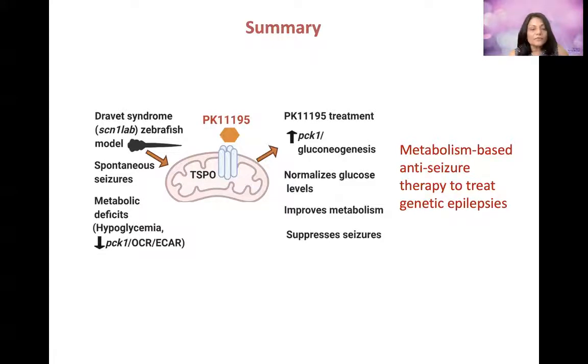They have metabolic defects in glycolysis as well as mitochondrial respiration, and treatment with one of our hits from our screen showed an improvement in all of these parameters, including the expression of these gluconeogenesis genes, normalizing of the glucose levels, improvement in respiration, and suppression of seizures. So this suggests, to my earlier point, that metabolism-based anti-seizure therapies may be useful in treating the genetic epilepsies, at least in this model of Dravet syndrome.